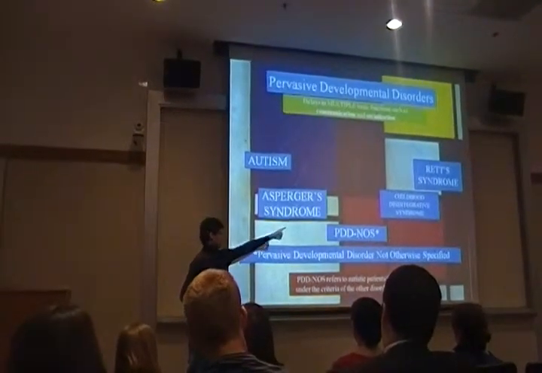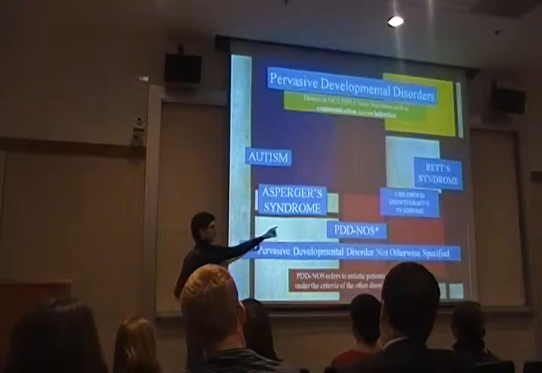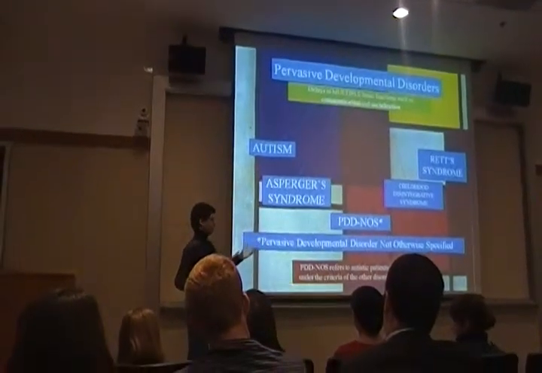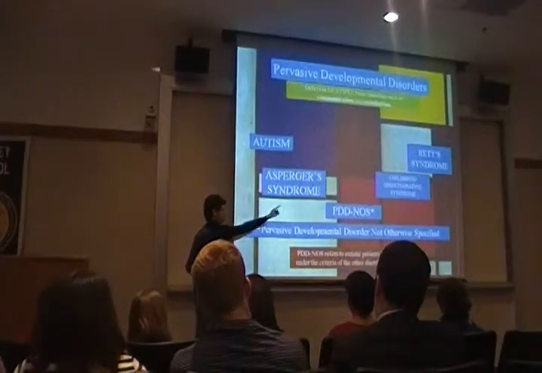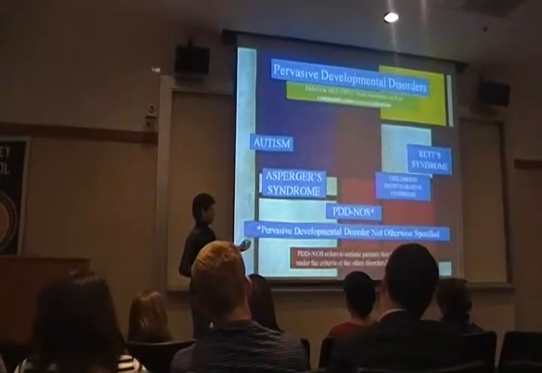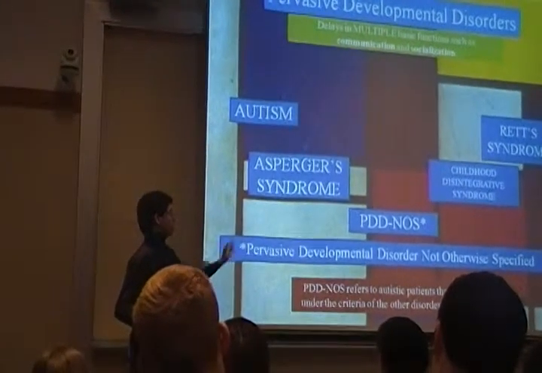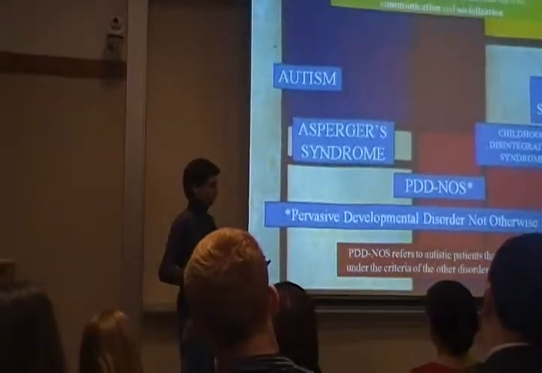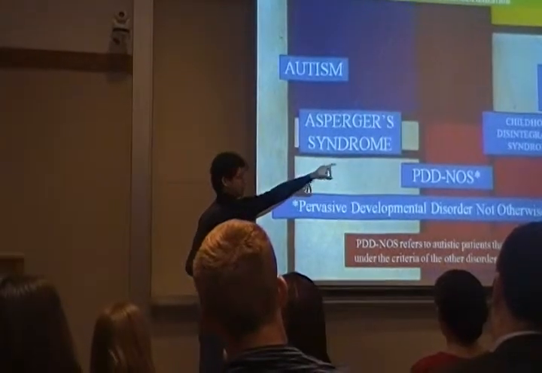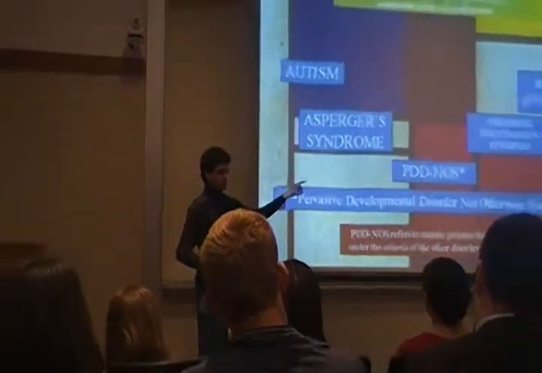Then you have childhood disintegrative syndrome and Rett syndrome, which are also PDDs, but they're more serious. I didn't really delve into this, but basically, you have more mental retardation. Dietary problems are especially prominent in childhood disintegrative syndrome. Rett syndrome is more mental retardation based than anything else, but basically, these are more serious conditions. And then you have something that's really weird.